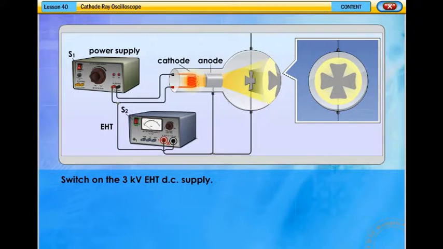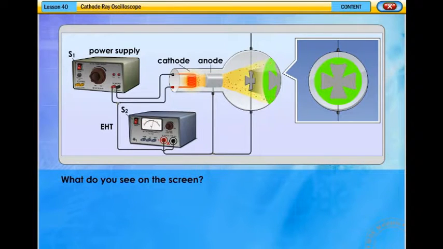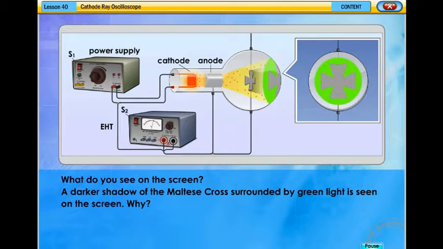Switch on the 3 kV EHT DC supply. What do you see on the screen? A darker shadow of the Maltese cross surrounded by green light is seen on the screen. Why?